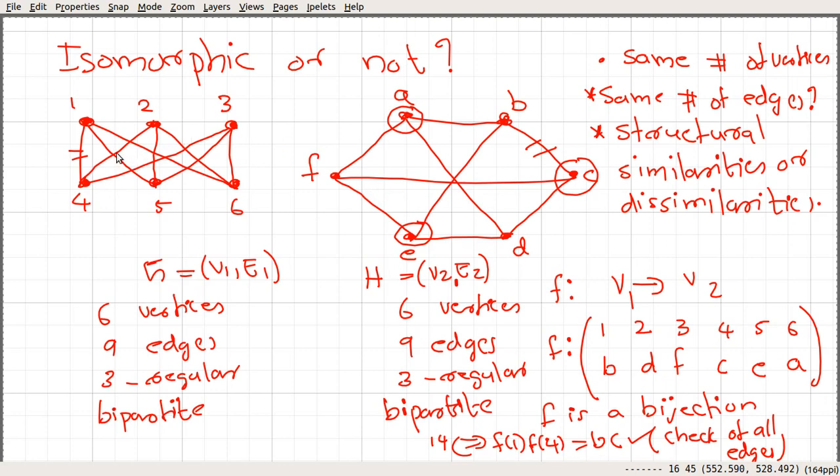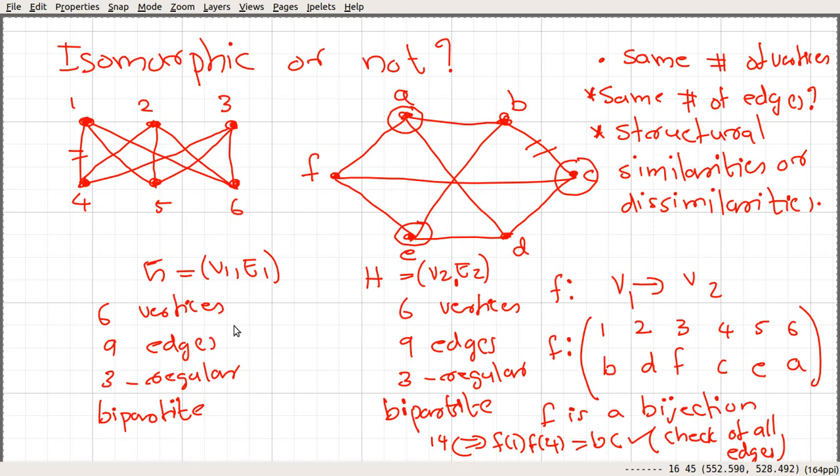If two vertices are adjacent here, then under the mapping, the mapped vertices will be adjacent here, and if they are not adjacent, then the mapped vertices won't be adjacent in this graph. So I am not going through the entire check here.